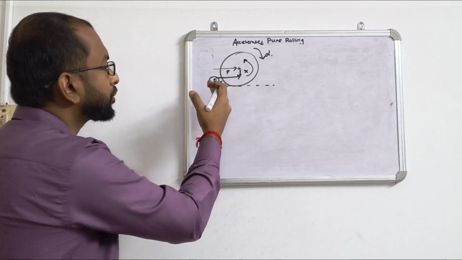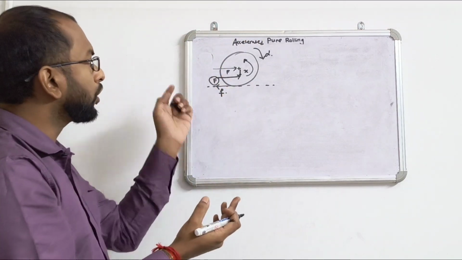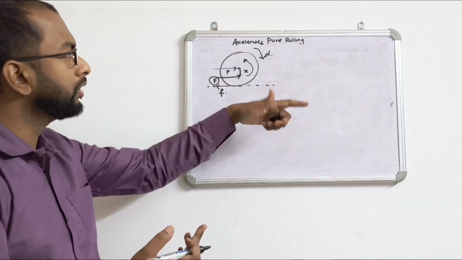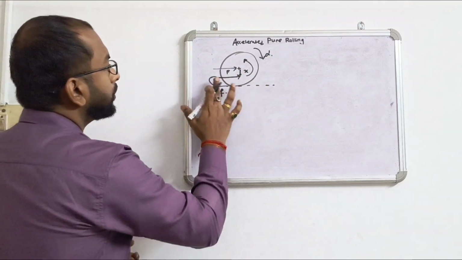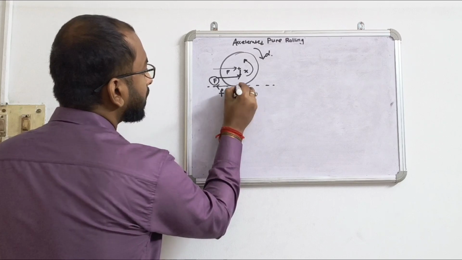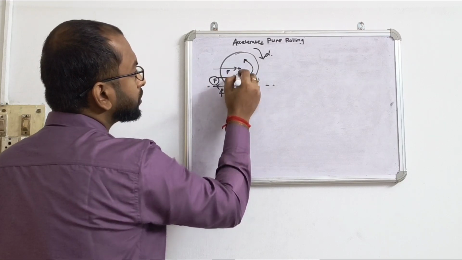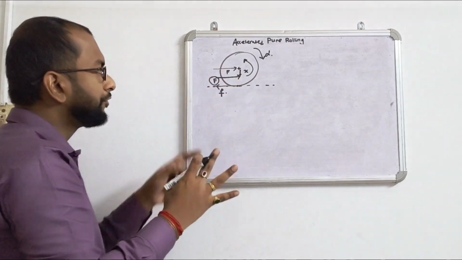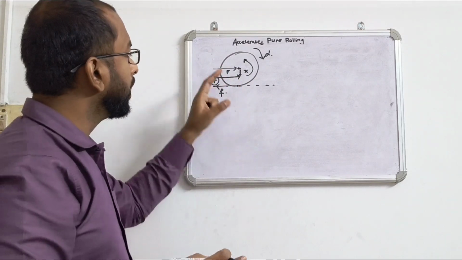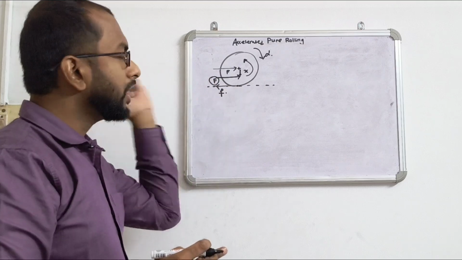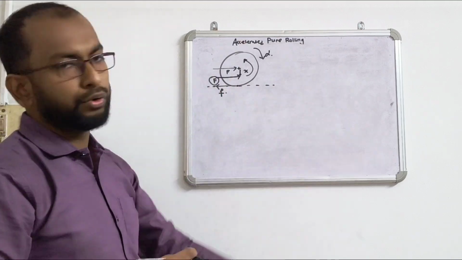So friction must supply the required amount of torque in order to sustain the pure rolling motion. So friction will act in the opposite direction. So this is simple: from here till the point of contact, if we apply the force, it will of course require the friction force to act in the backward direction in order to sustain the pure rolling.